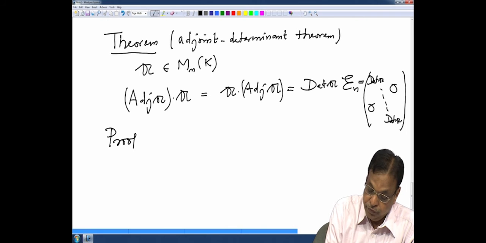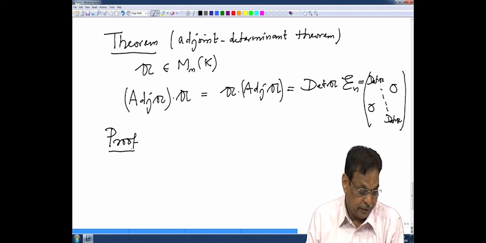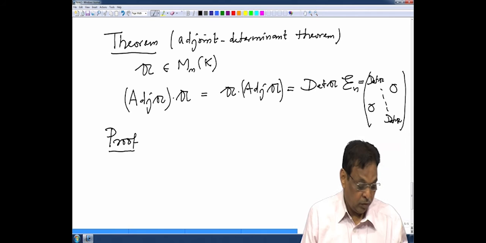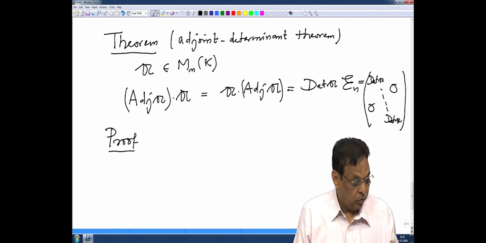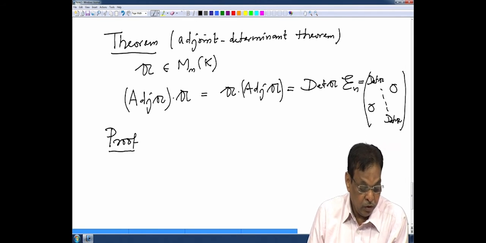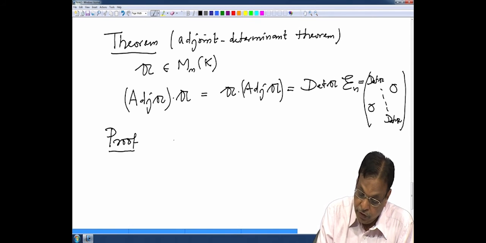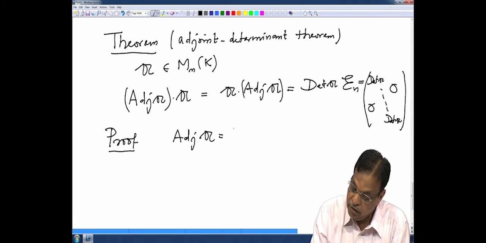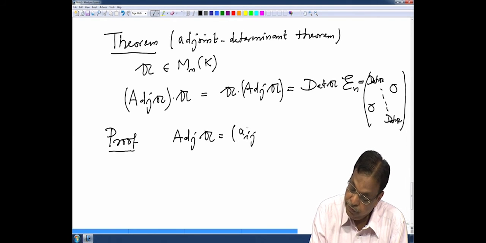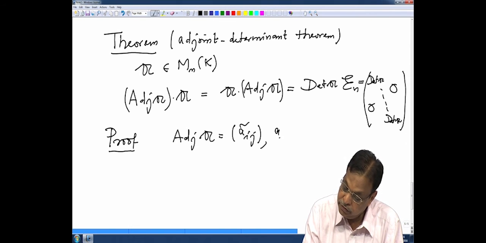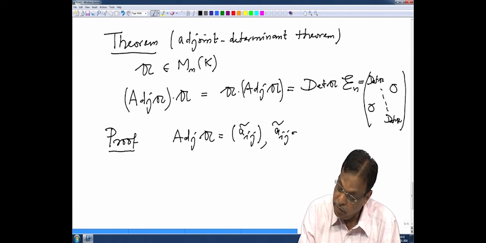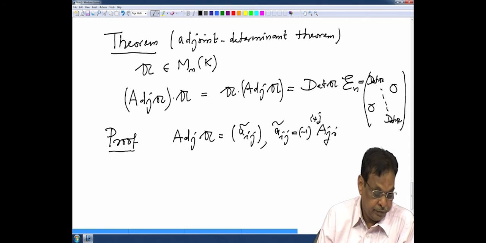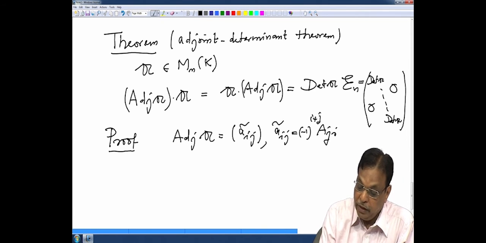Proof. All right. So, remember the definition of adjoint: the ijth entry is A ij tilde, and A ij tilde is minus 1 power i plus j capital A ji.